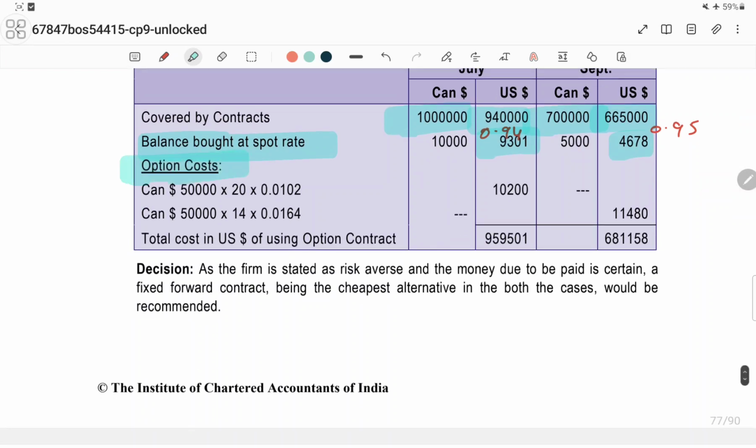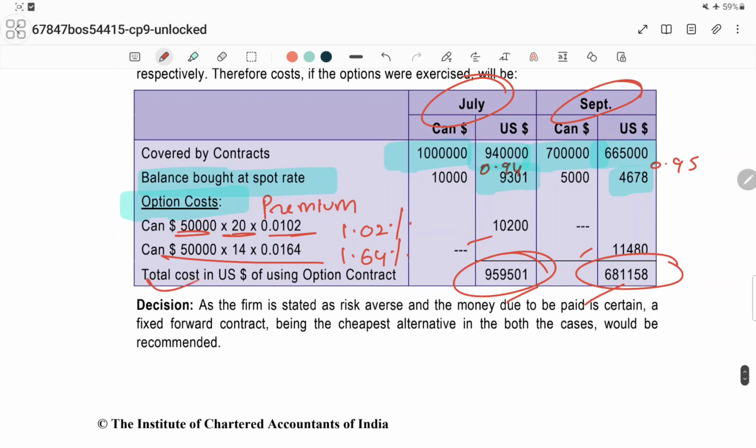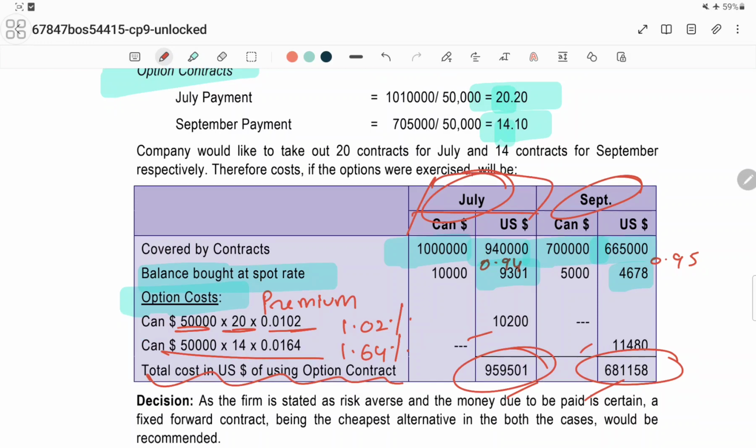Then option cost, this is nothing but the premium. We also calculated this. So premium of 20 contracts, the contract size is 50,000 into this. We had this, right, 1.02% and 1.64%. We had this in dollars. My total outflow again in dollars for 31st of July and 30th of September, right? Total cost in dollars of using the option contract strategy by the finance manager. Now when you compare this, for July that is 10,10,000 Canadian dollar outflow.